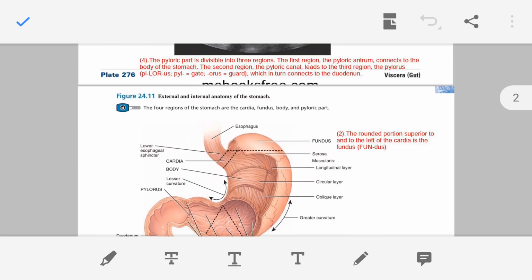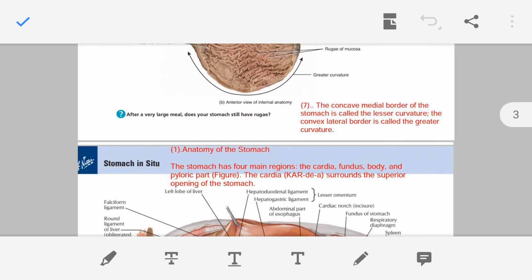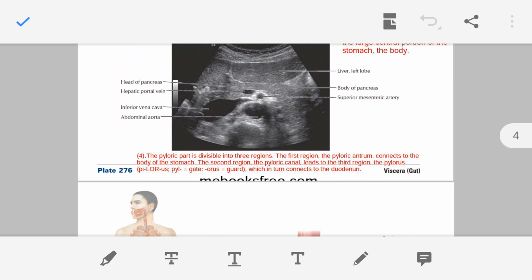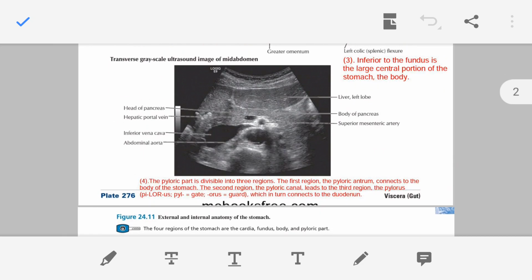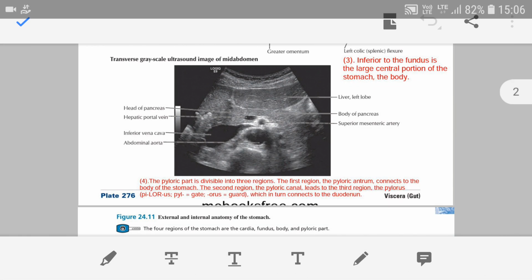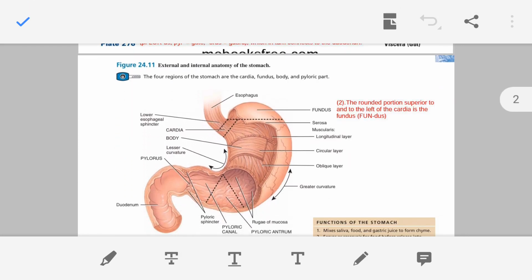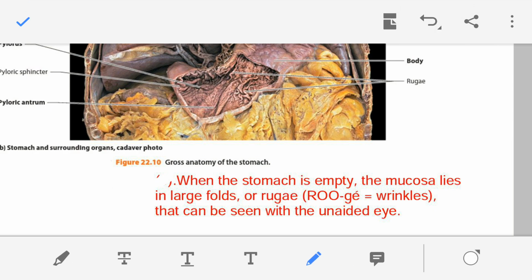Now moving on to the fifth point of our discussion. Here it is written 1 minute.